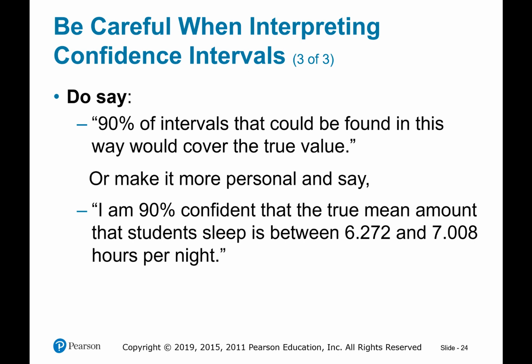All right. But say we are, or if you want to do it individually, I am 90% confident that the true mean amount of sleep of students is between these.